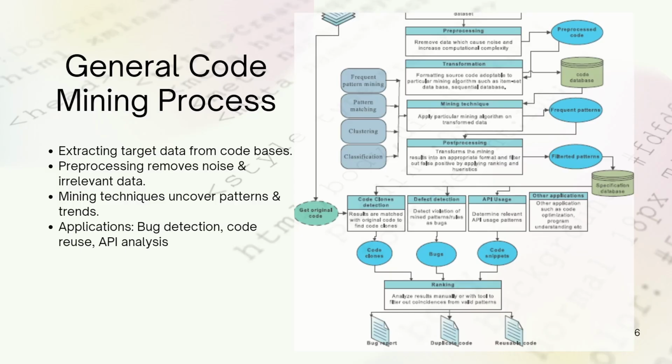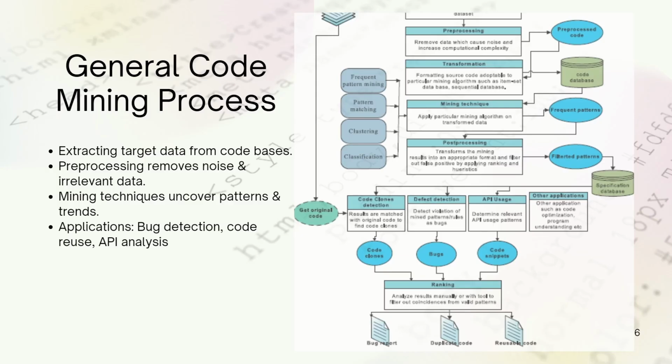Once data is collected, it must go through pre-processing, where redundant, irrelevant, or noisy information is removed. This step involves tokenization, which breaks the code into fundamental units like keywords, variables, and functions.